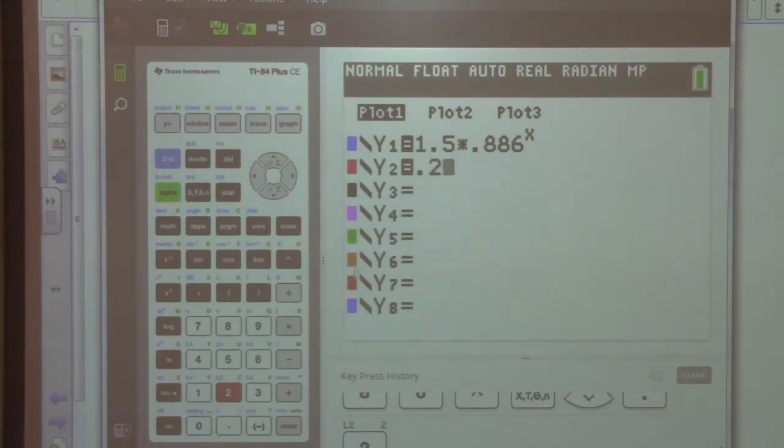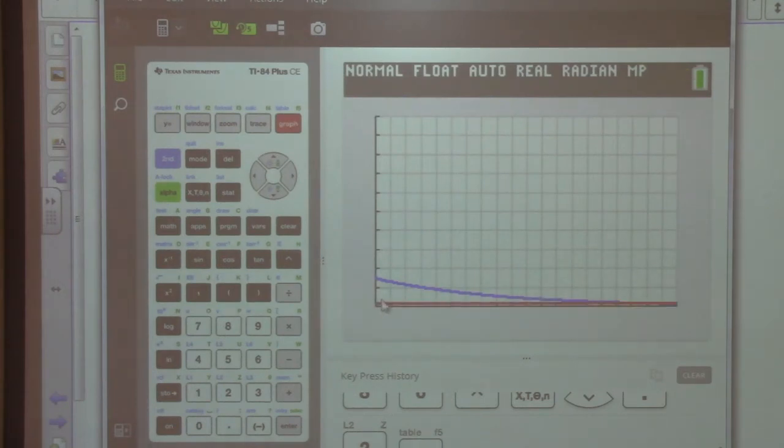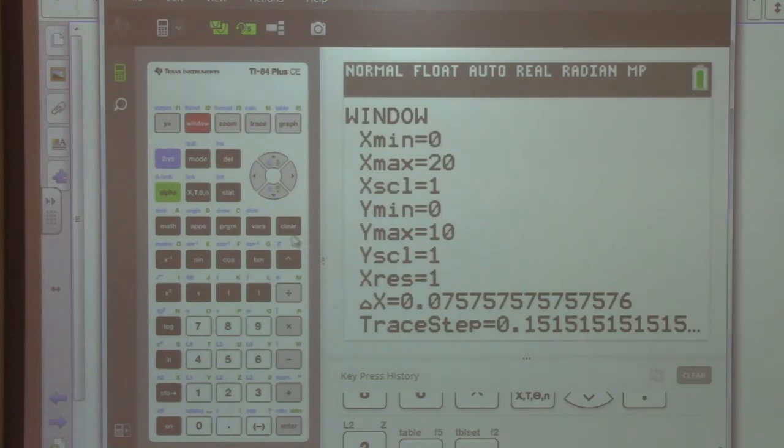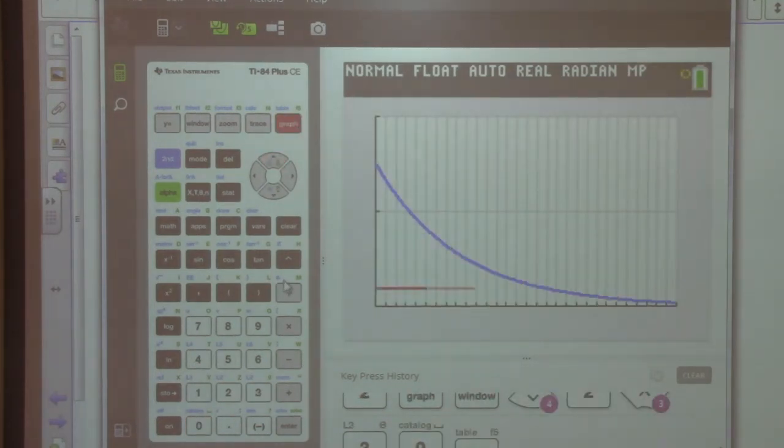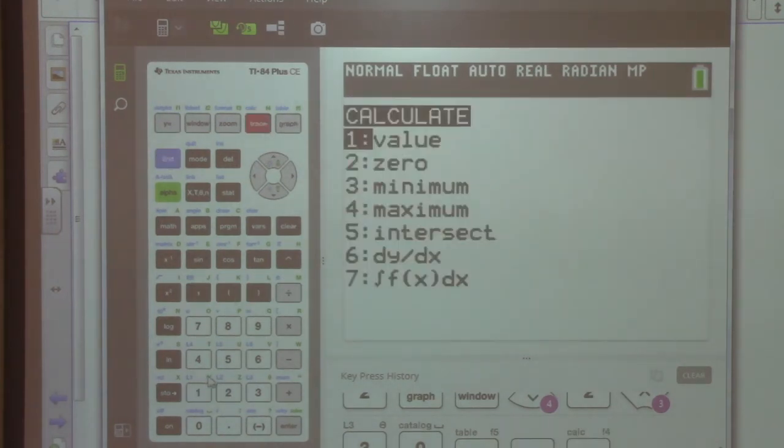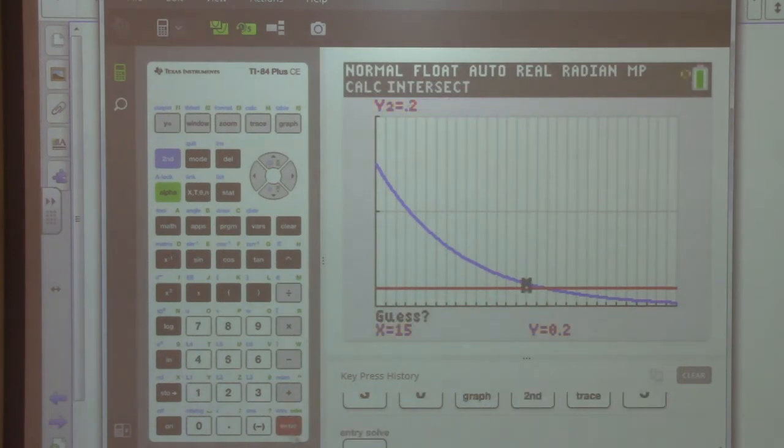I know the window is not going to be exactly right, but pretty close. I'm going to make it a little more visible, so I'm going to go to 30. Why not? So second trace 5. Enter, enter, enter.